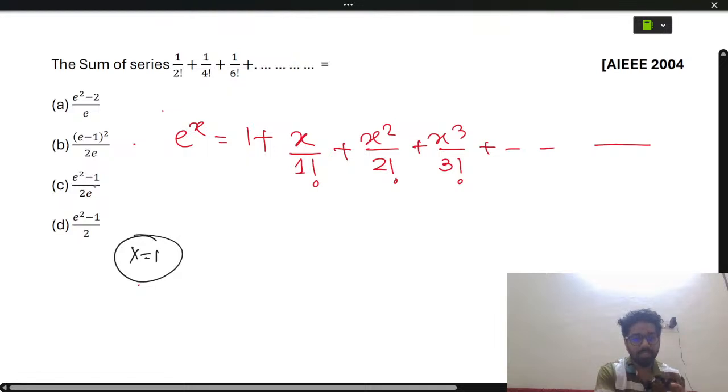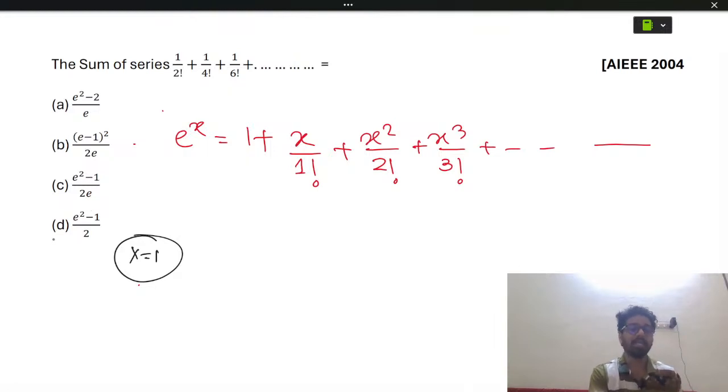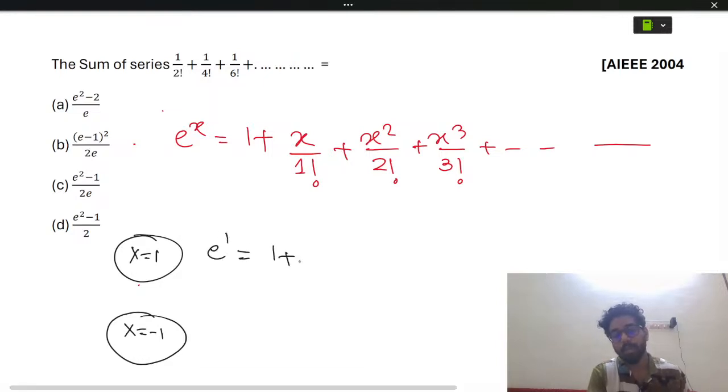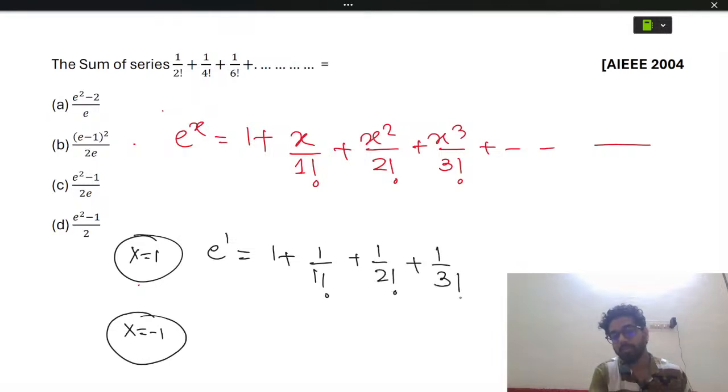And in every option you can see 1 upon e is there except the last one. So maybe they are asking us to write x equals minus 1, which makes sense because I want to eliminate things. So e power 1 is equal to 1 plus 1 by 1 factorial plus 1 by 2 factorial plus 1 by 3 factorial plus 1 by 4 factorial and so on.